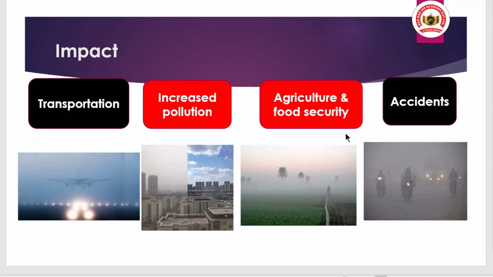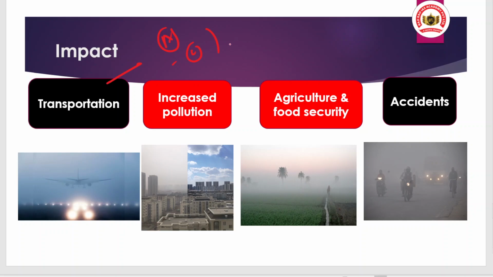Now we are coming to the impact of fog, so you can generally visualize it. What will be the impact? First of all, impact on transportation, whether air, road, rail, or ocean connectivity, because fog directly impacts visibility.